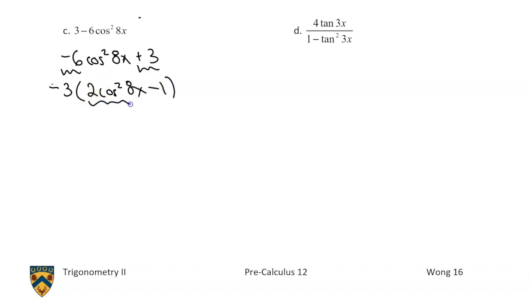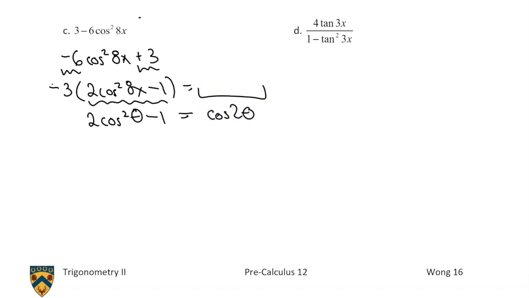And now that form right here will definitely resemble our 2 cos squared theta minus 1 form that we're more familiar with. And we want to pair that up with our cos 2 theta.